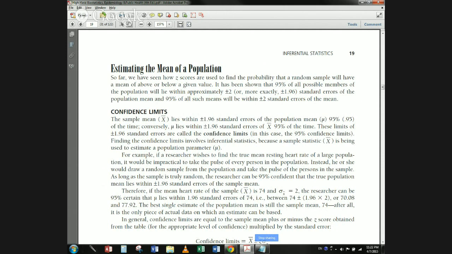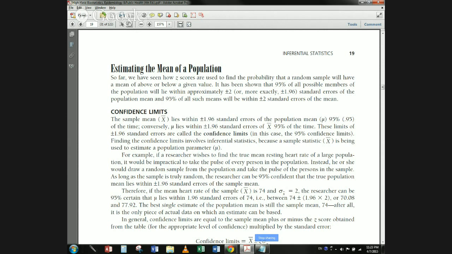Confidence limits. The sample mean lies within plus or minus 1.96 standard errors of the population mean 95% of the time. Conversely, mu lies within plus or minus 1.96 standard errors of the mean 95% of the time.